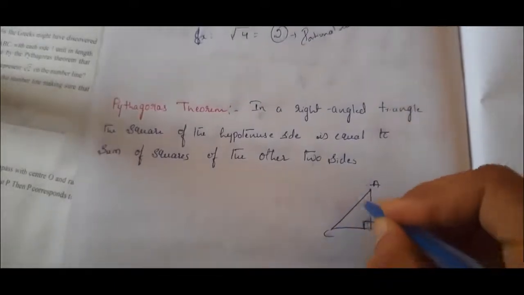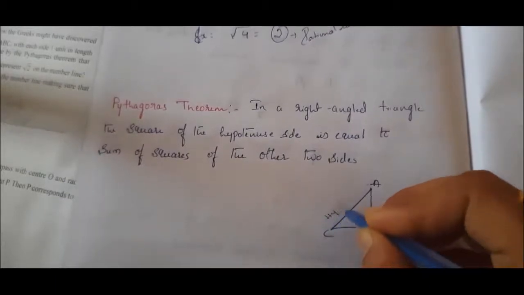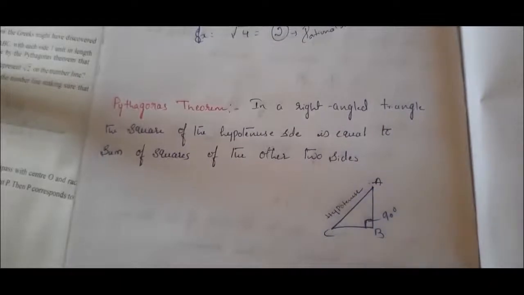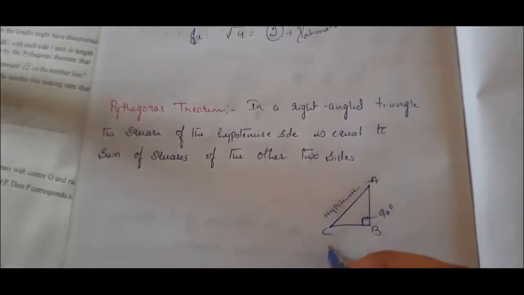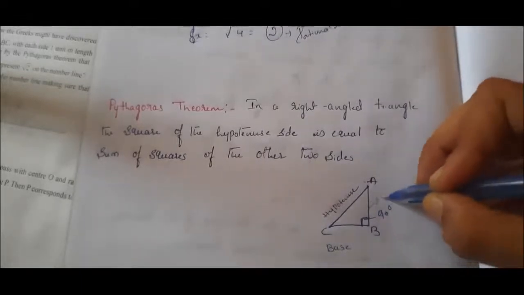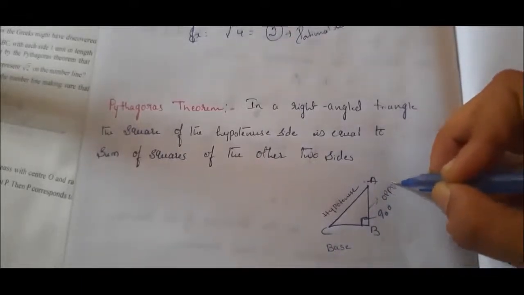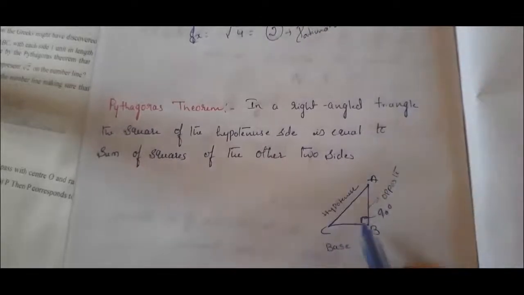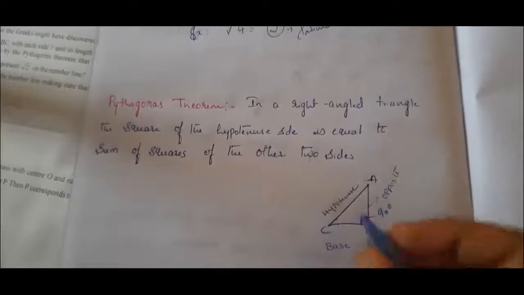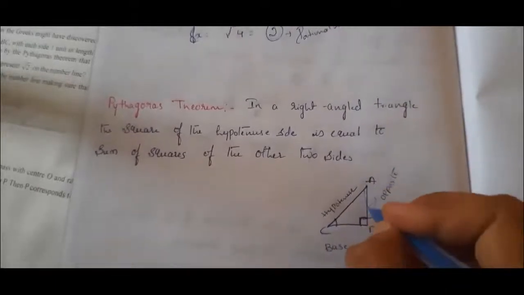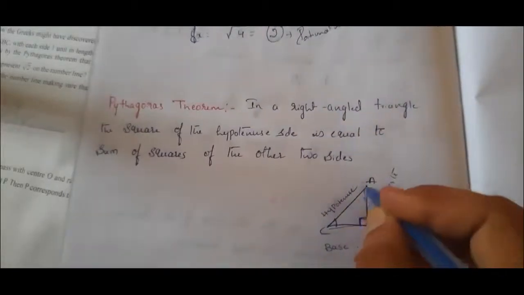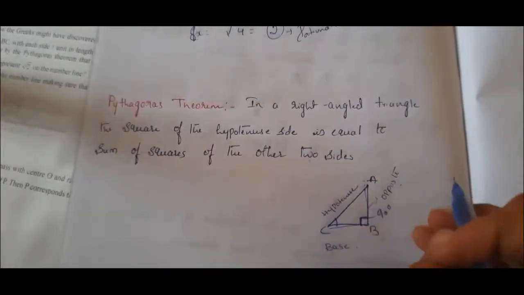Here AC is the hypotenuse, BC is called the base, and AB we call the opposite side. Where the 90 degree angle is made, that is the base, and perpendicular to the base is the opposite side, and this side is the hypotenuse.